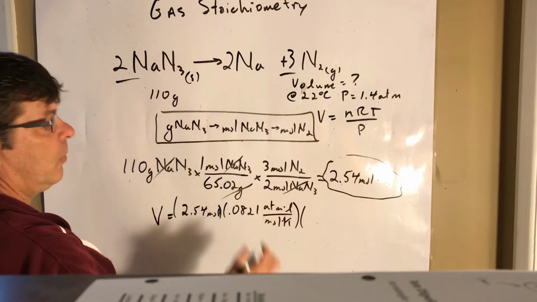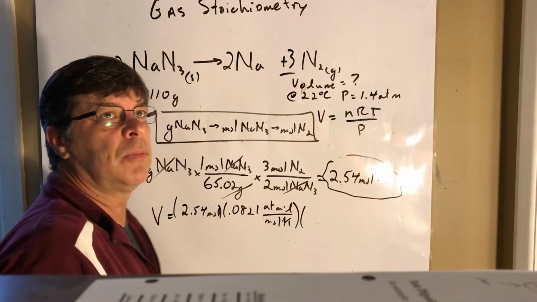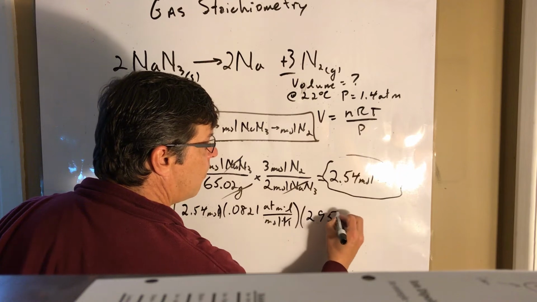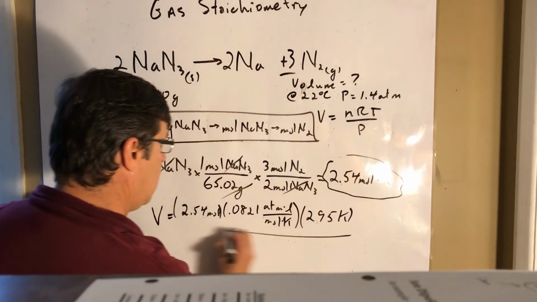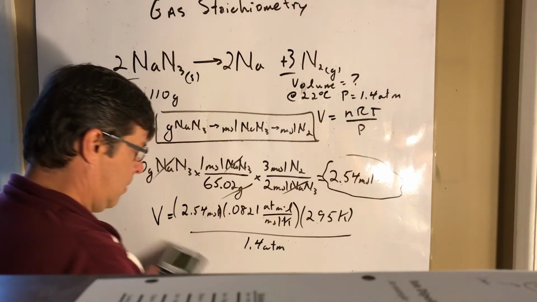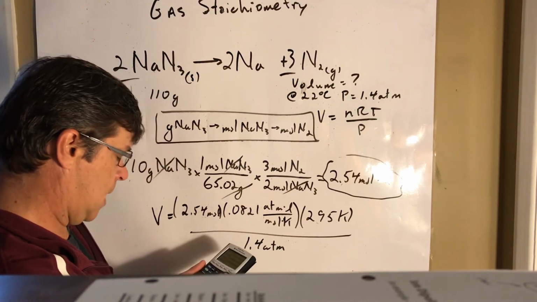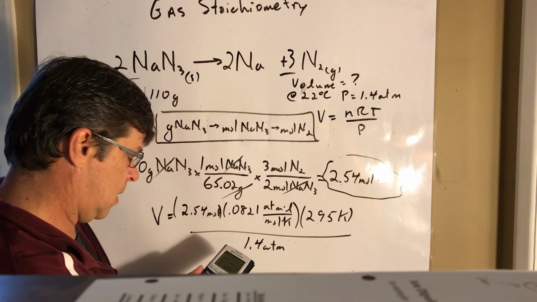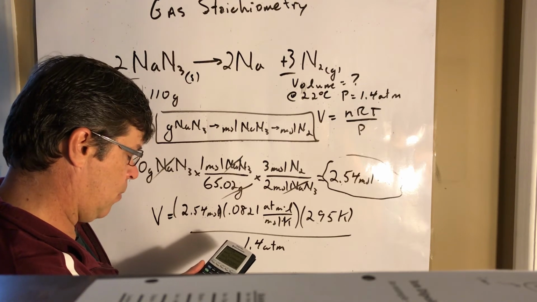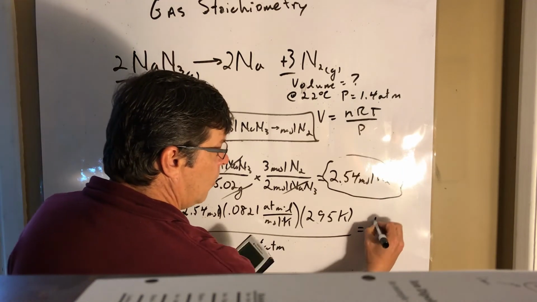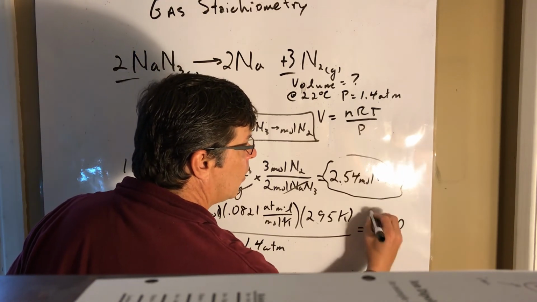All right, 22, so that's plus 273, that's 295, I think I did that right, divided by 1.4 atmospheres. Okay, so times 0.0821 times 295 divided by 1.4. And now we can round off, and the answer is 44 liters.